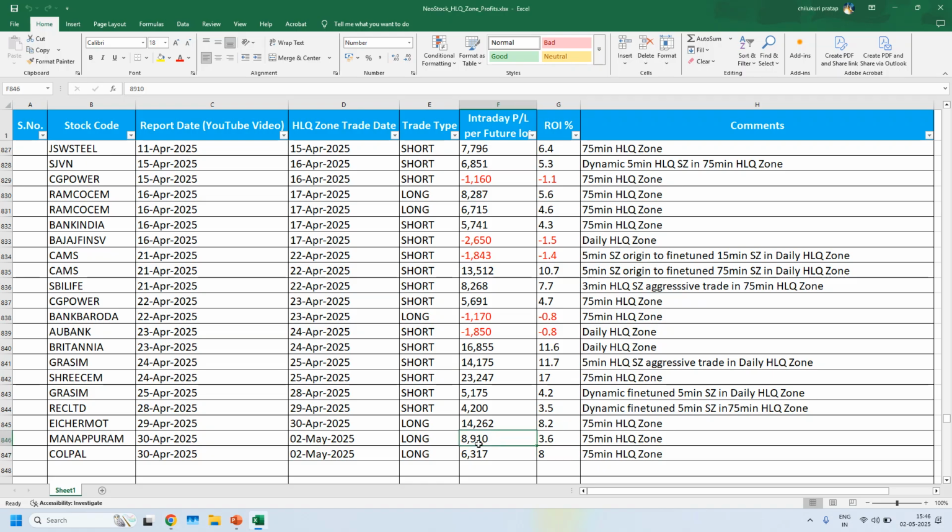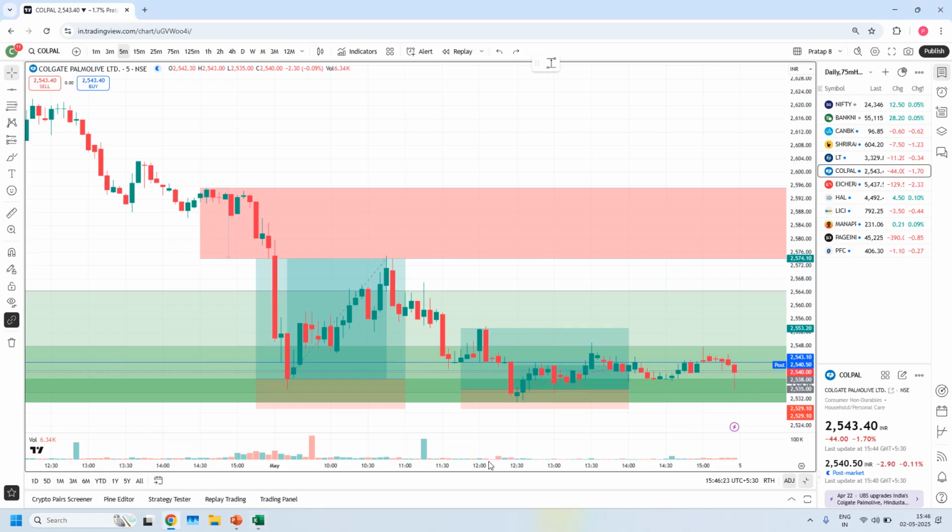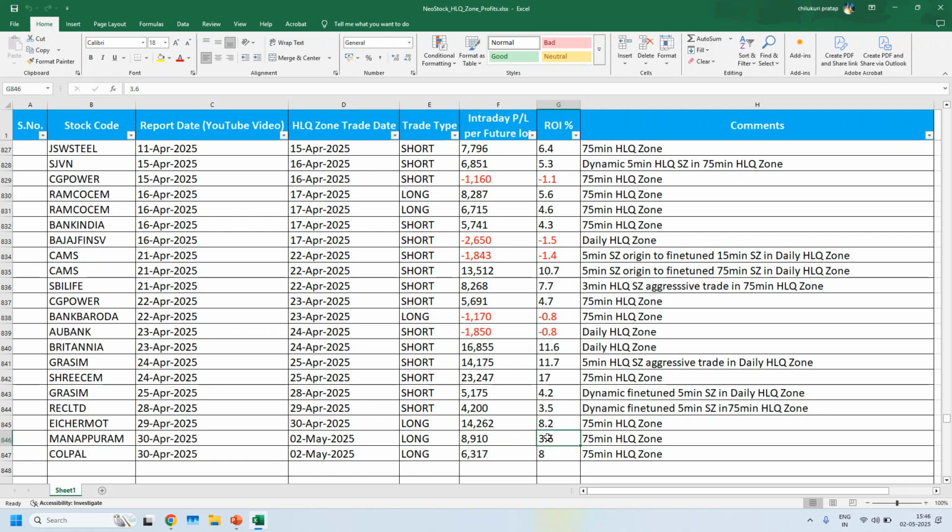Manappuram gave you 8,900, close to 9,000 rupees. But see the ROA, only 3.6%. The reason is it is around 2.5 lakhs you have to invest as margin cost. Here you invest only some 86,000 or 87,000. So that makes the difference. Your profit is more, but ROI is less. Compared to this, your profit is less, but ROI is more. ROI we always calculate based on your investment. Your investment is one lot cost, the cost of one futures lot.